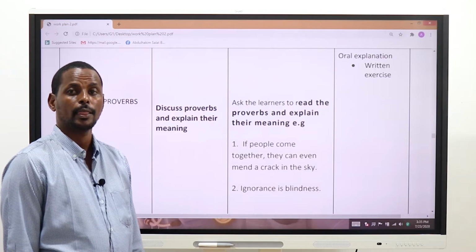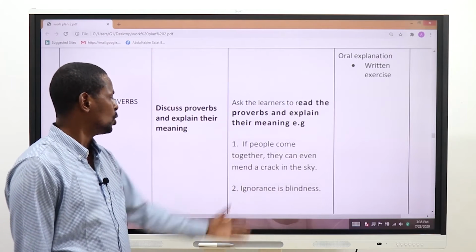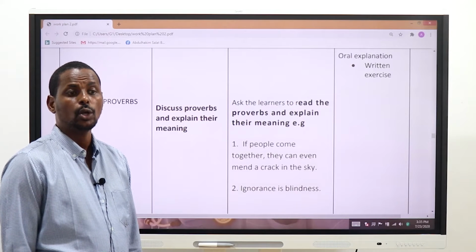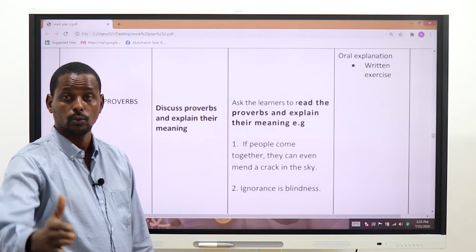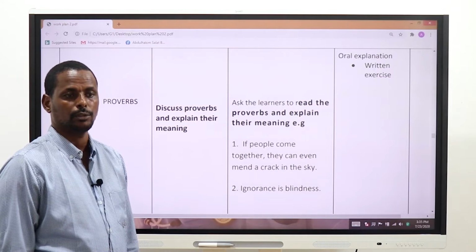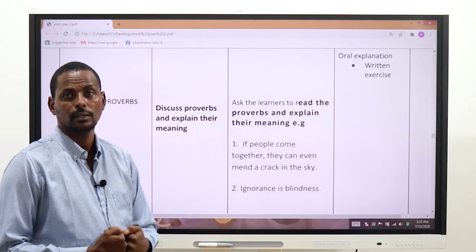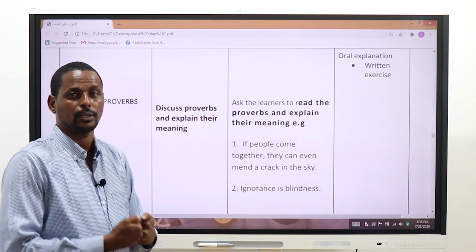Implicit meaning. Implicitly. Deeply. What does it mean? That knowledge is wisdom. It's only when you know that you can do. They say information is power. If you are informed and you have the information, you have the power. Okay? You have the ability to do something.